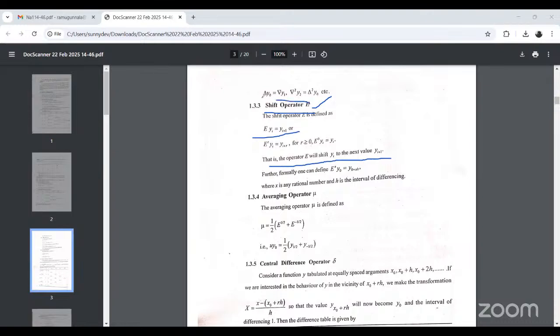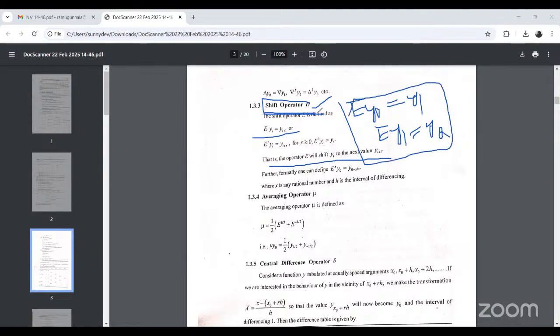Okay, so this is the shift operator. That means E y naught we can write as y1. So similarly, E y1 we can write as y2. Okay, so that is the shift operator.